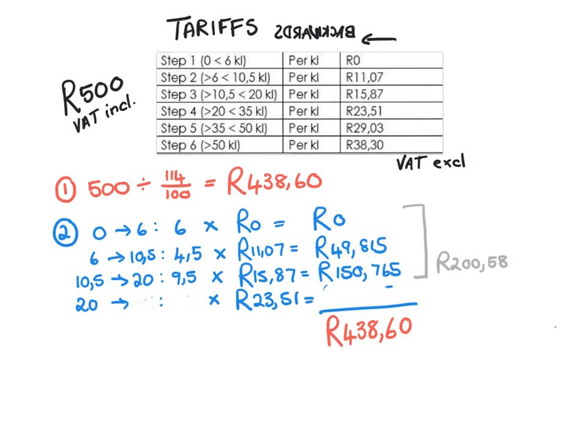And because I have this total, it is possible for me to work backwards and find out what this missing amount is. All I need to do is take the 438 Rand 60, subtract 200 Rand and 58 cents from that, and I will find out that this amount is 238 Rand and 2 cents. This brings me a lot closer to the answer.